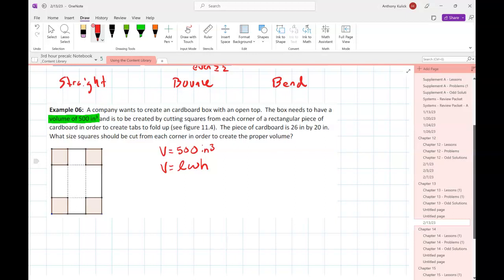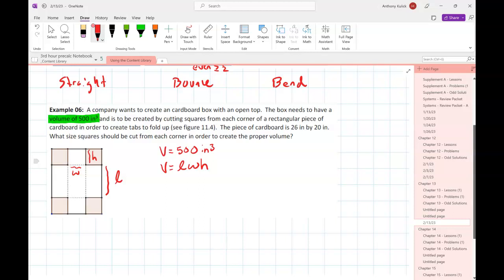Let's go and label now the length, width, and height on our picture here. So that I'm going to call the length. This side I'll call the width. And that side I'm going to call height. Actually, we should say that's not really the width. This is the width. Everybody cool with that? Okay.